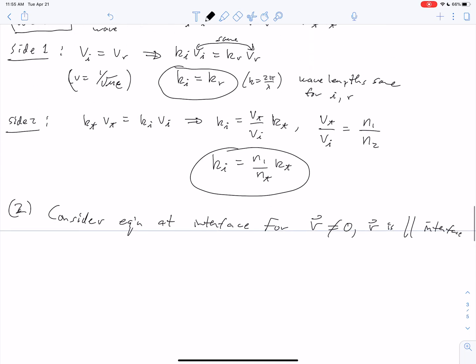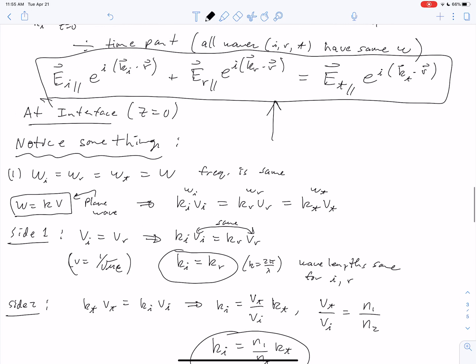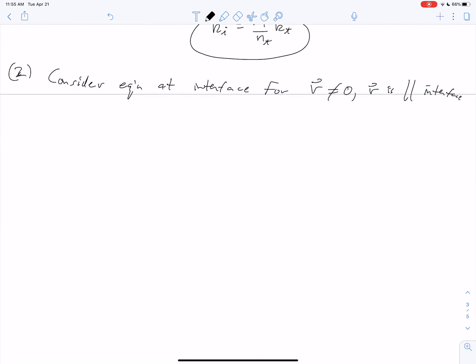I don't want to keep going up and down to look at the equation, so sorry, I'm just going to have to draw it again. So this is the equation.